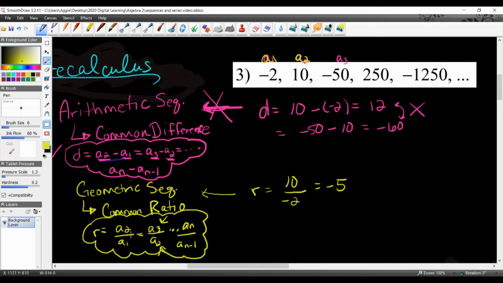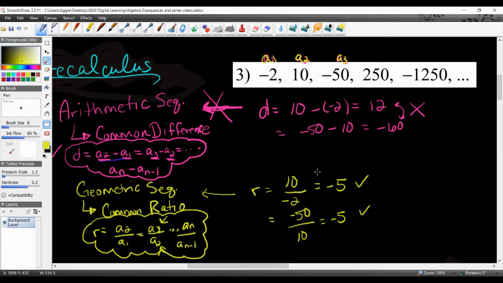If that's true, then the next number should also be a multiple of negative 5, moving from 10. So a sub 3, negative 50, divided by a sub 2, which is 10, is negative 5.